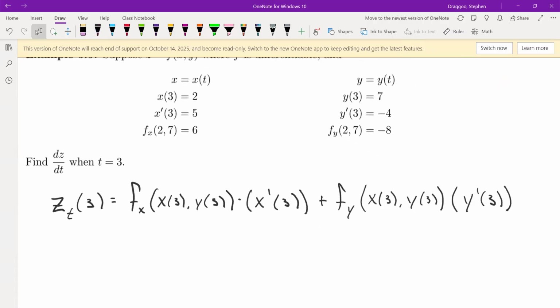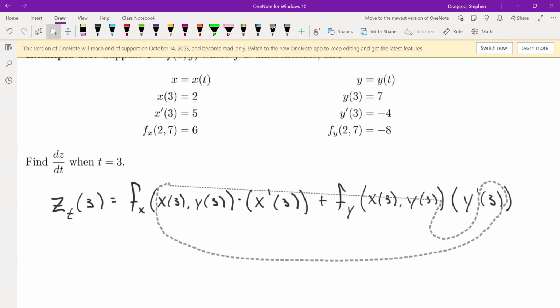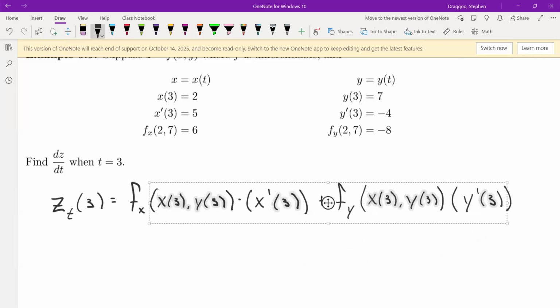So a lot going on in here, but let me start pulling some things out, putting them in gray so that I can just focus on the bones for a second.